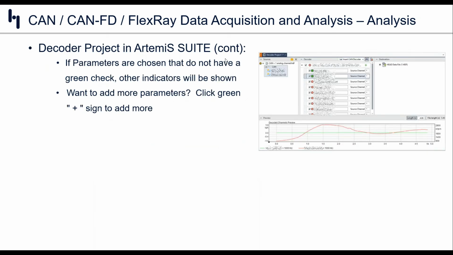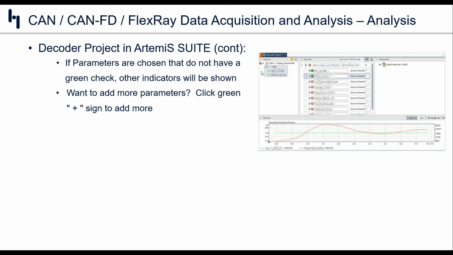Okay, so if parameters are chosen that do not have a green check, other indicators will be shown in the decoder pool. Notice the green, that means yes, it is in the source pool file. Red means no, it's not in the source pool file, or files, I should say. Notice also the yellow circle with exclamation point in it.